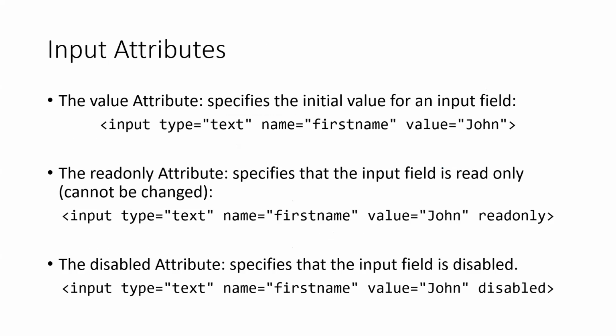Okay, let's look at the input attributes. The value attribute. For example, here we have value John and the name is first name. Sometimes you have to have a default value. So for the first name, we are associating the value John.